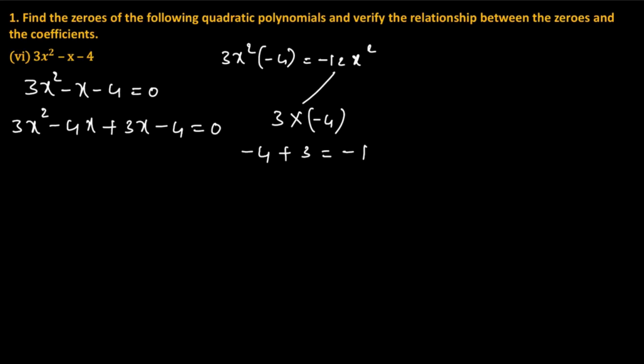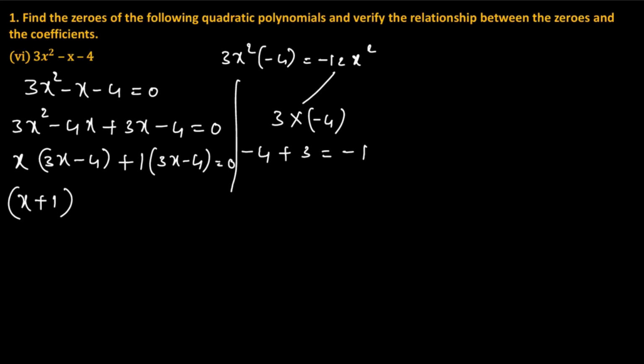In these two, take the common as x. So it will be 3x minus 4. Take the 1 as common, directly 3x minus 4 will remain in this equation, equal to 0. X plus 1 into 3x minus 4 is equal to 0.